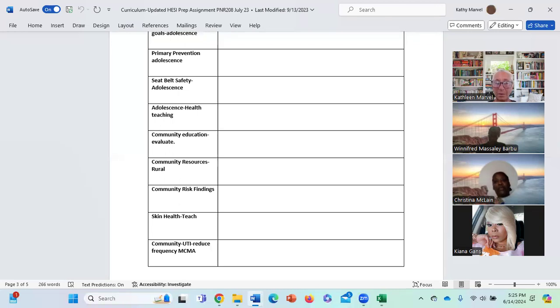Exactly. If you think back to your growth and development across the lifespan chapter, one of the most common injuries in adolescents starting to drive is motor vehicle accidents from not wearing seatbelts.